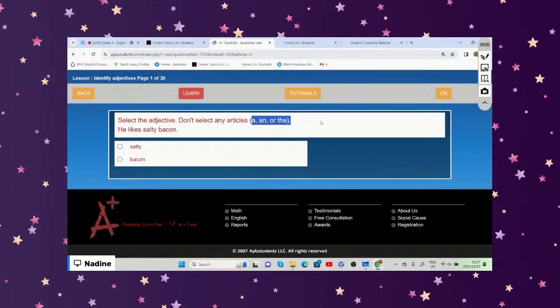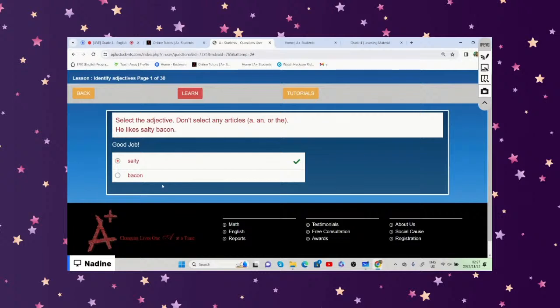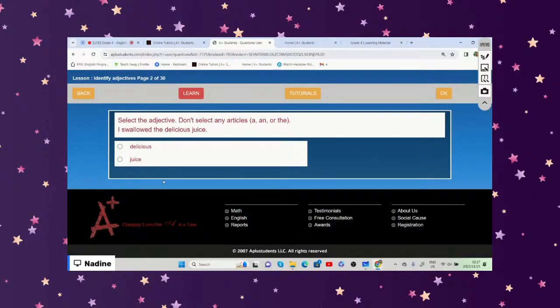And yes, if we identify our adjective, then we can say he likes salty bacon. So salty is our adjective. It tells us what kind of bacon. So beautiful. Salty is correct. So well done. Yes, salty because it tells us what kind. Beautiful. And it's way better to ask yourself, is it what kind or how many?